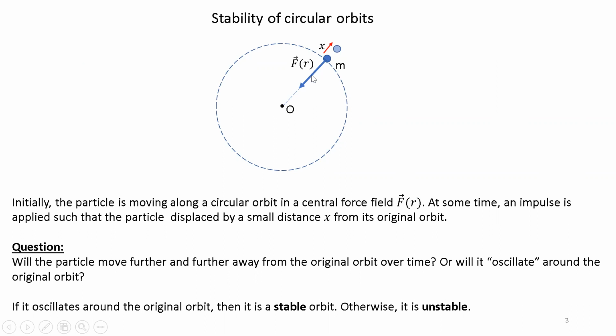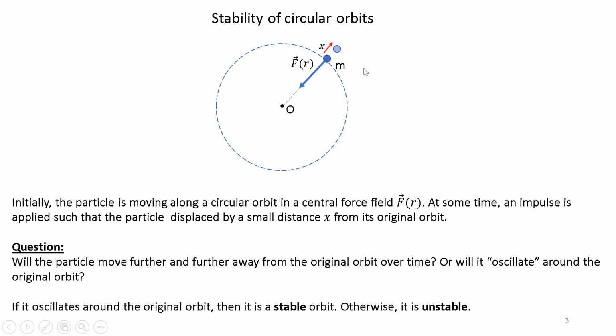If you don't apply any external perturbation, you will just circle around the orbit over and over again.